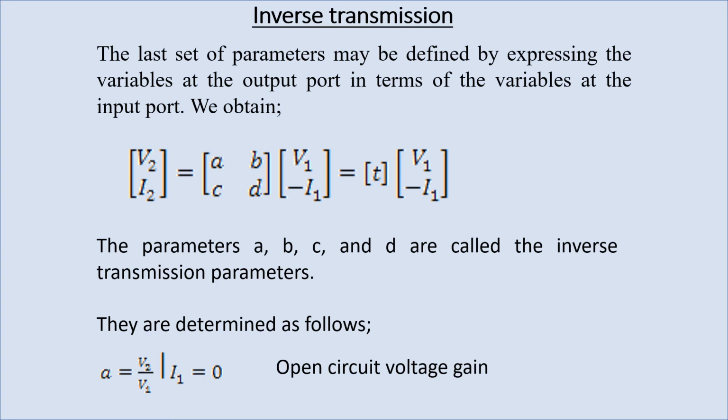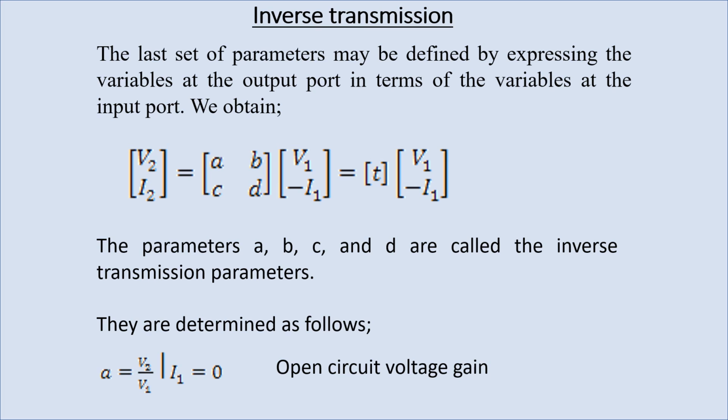Now, going by the formula that I stated earlier on, to get our small letter a, that is to get our open circuit voltage gain, we have to equate our input current I1 to be equal to 0.